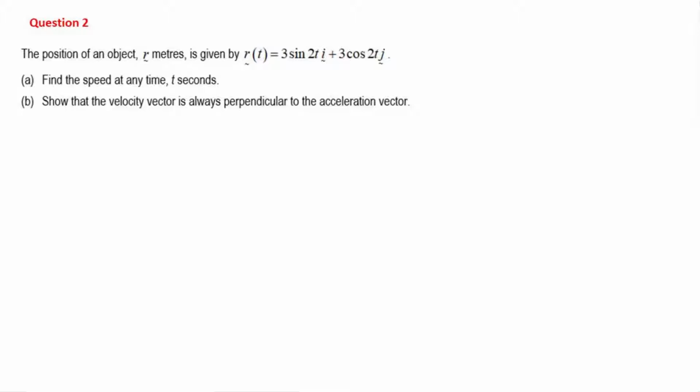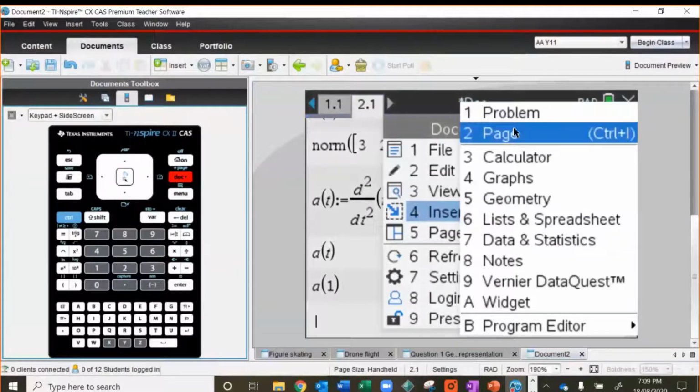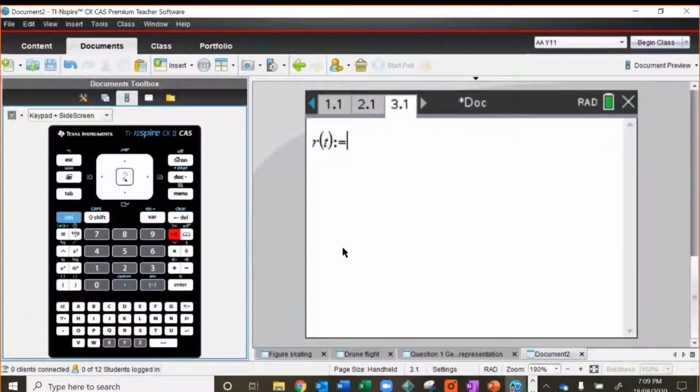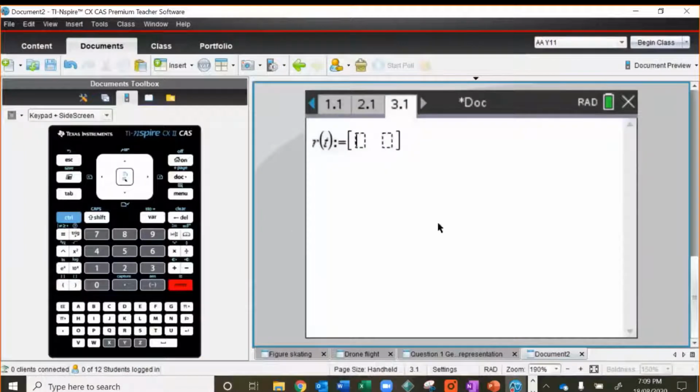So let's go back to our document, and I will insert a new problem with the calculator. And similarly, we repeat our steps. r(t), and this time we just have two components, 3 sin 2t and 3 cos 2t.